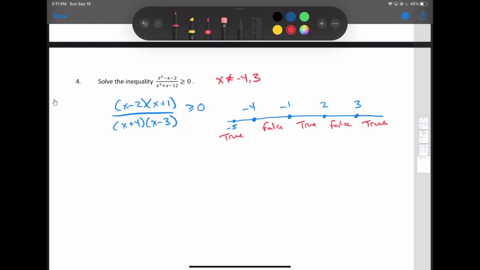So I believe the solution to this is x is less than or equal to -4, x is greater than or equal to -1 and less than or equal to 2, and x greater than or equal to 3. That actually seemed easier than the others. So we're just looking for places where the top is 0 or the bottom is 0, and then we're testing regions. That's it. What I'm going to do now is just hop over to Desmos and see what it looks like.